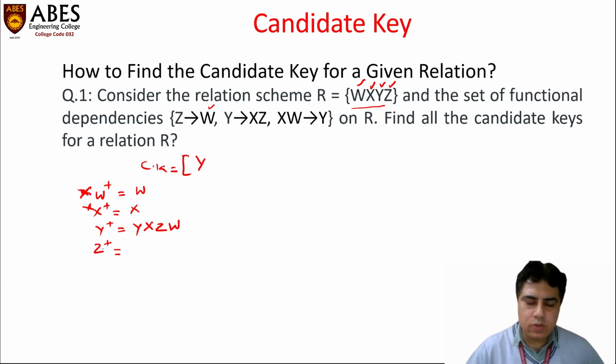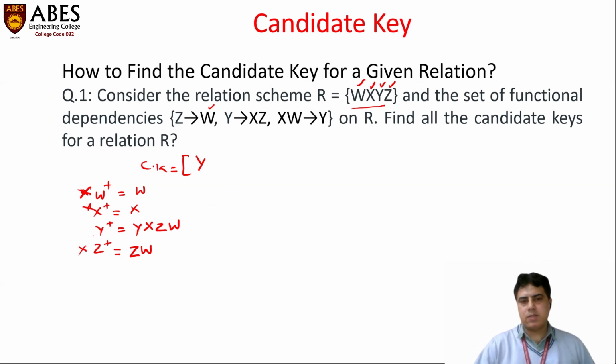Now take the attribute closure of Z. We can determine Z. From Z, we can determine W, and there is no further. So this is also a failure case. Now if we pair the attribute with Y, that gives super keys.